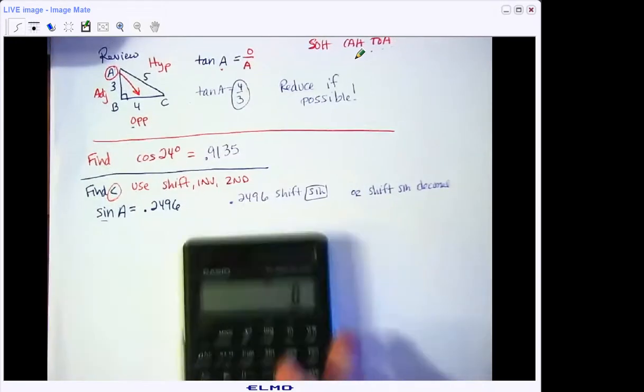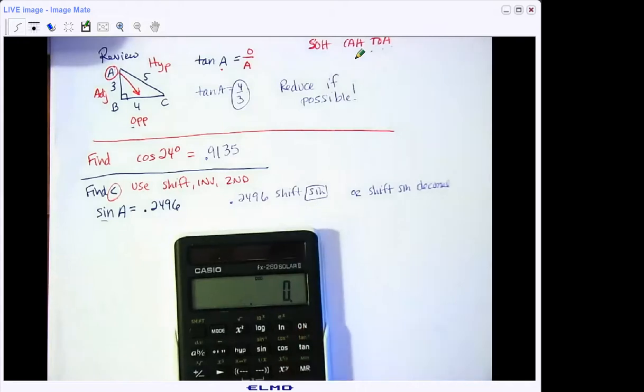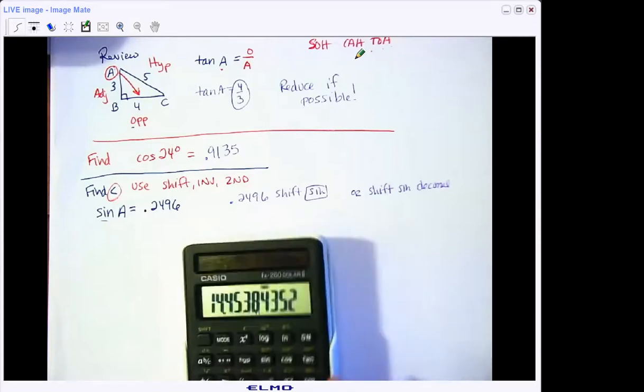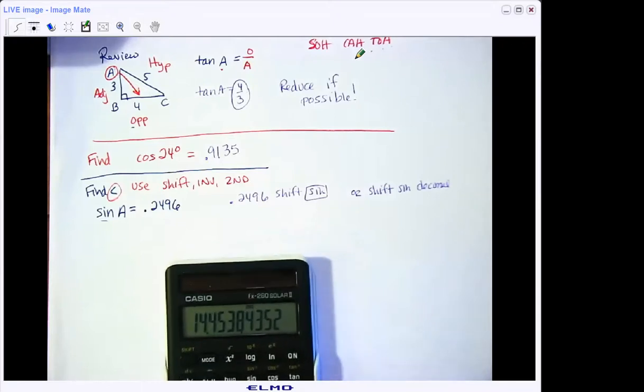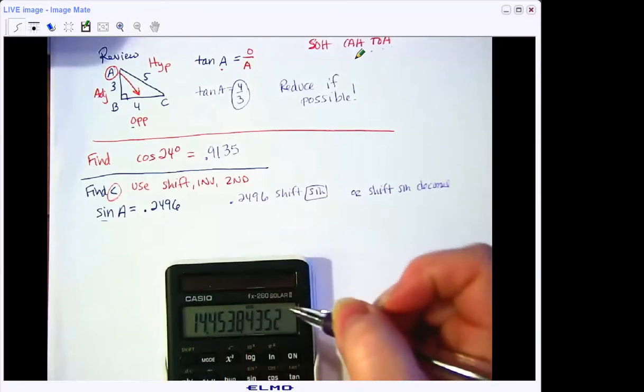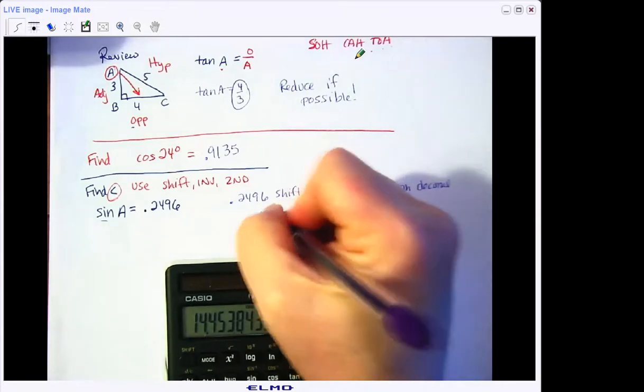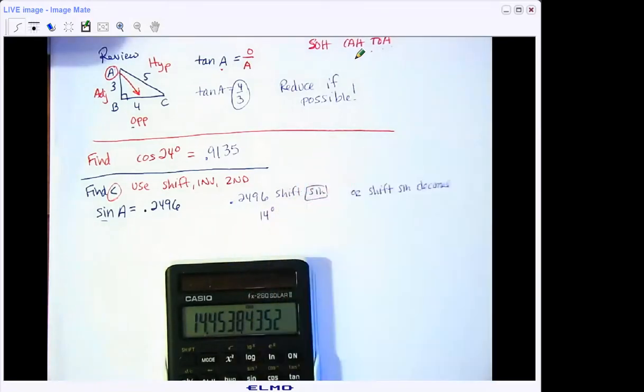But in this case, we're going to go 0.2496, shift sine. Okay, now we get 14.45. That's closer to 14 degrees. And you're done.